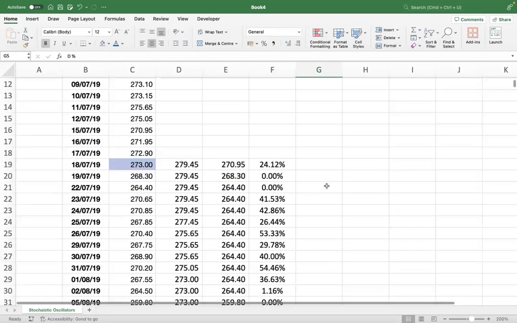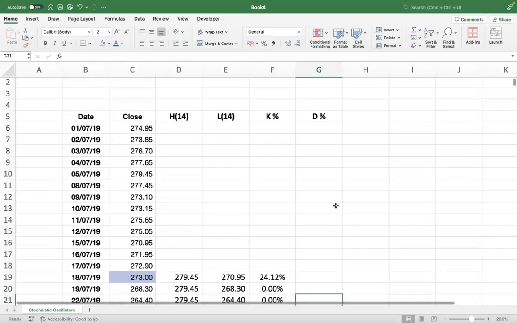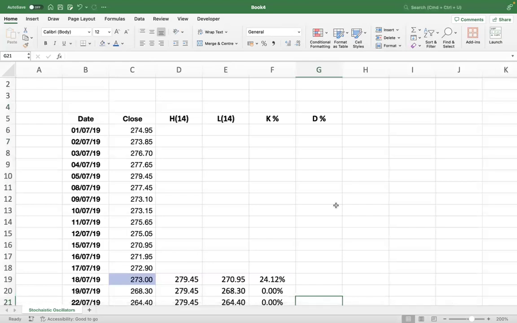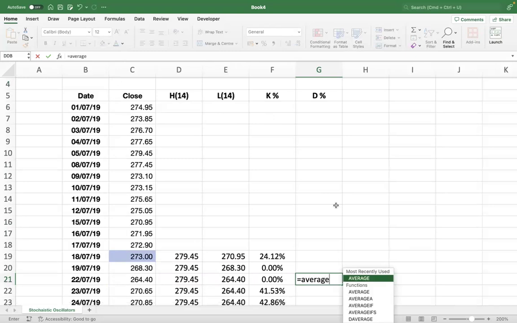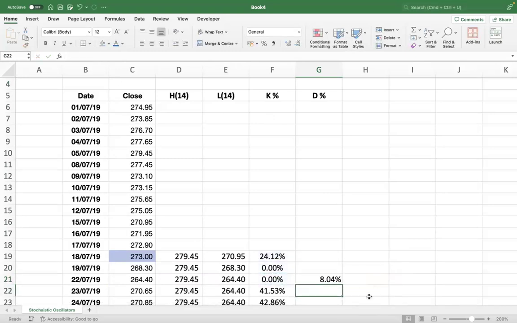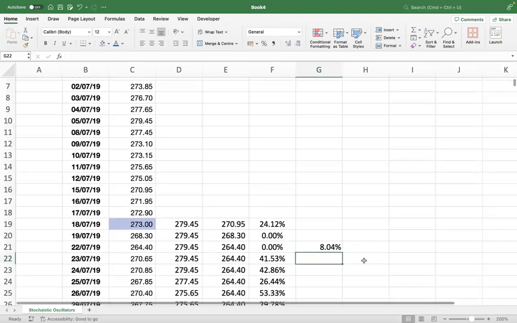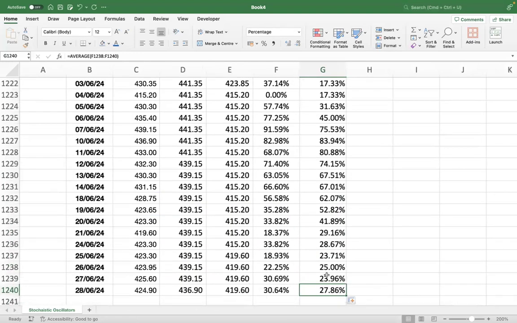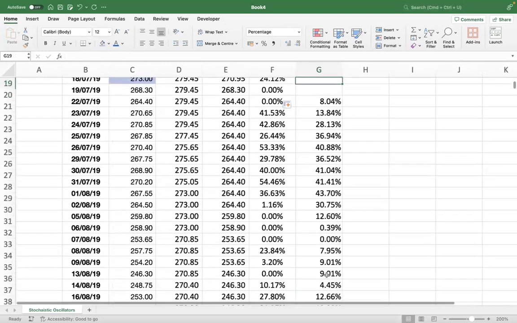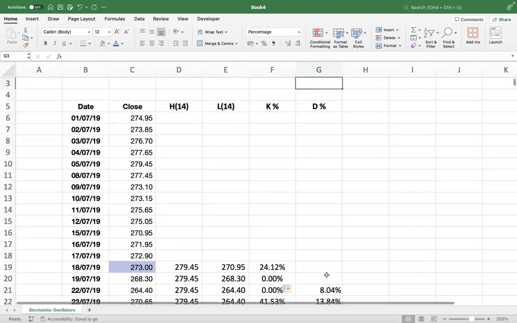For the D line, all we need to do is take the 3-day simple moving average of the K. So I will take the average of the last 3 values for K. And that's how this will also get populated. Once I have the D line and the K line, I can now start plotting the numbers.